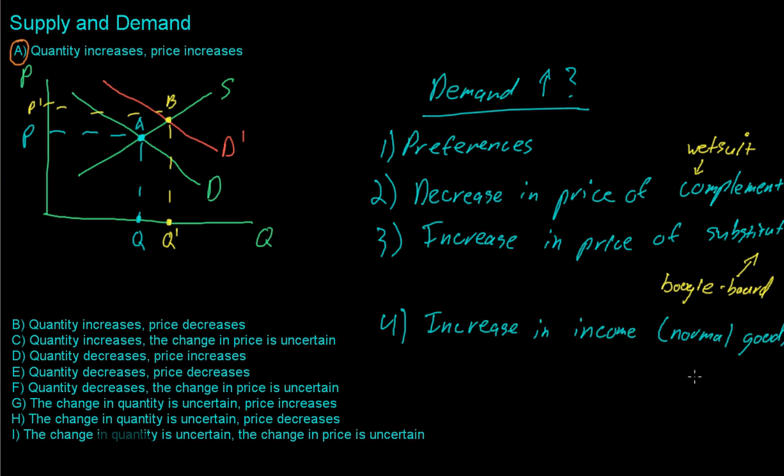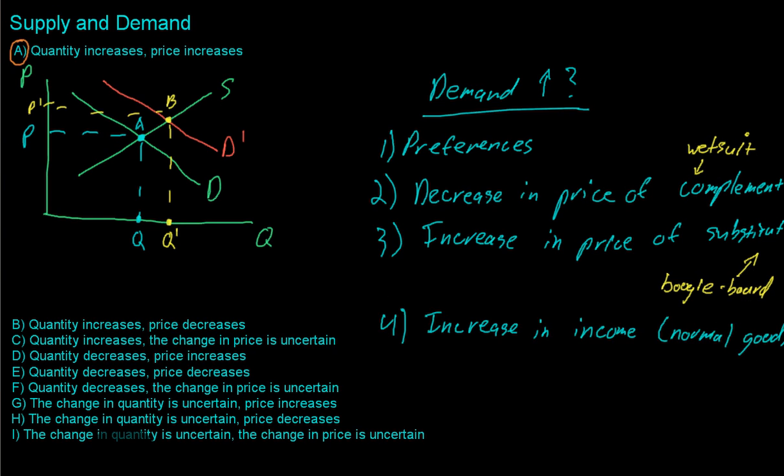So let's say that you're going to buy food first, and then you're going to buy maybe a place to live, and then you're going to make sure that you have a good education, and all of these things come before your surfing budget. So as you get more and more money, or as everyone gets more and more money, more people are going to be able to afford to surf. And so that will lead to an increase in demand for surfboards if a surfboard is a normal good.